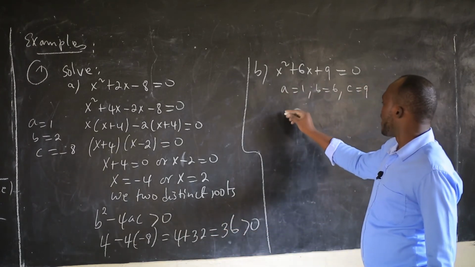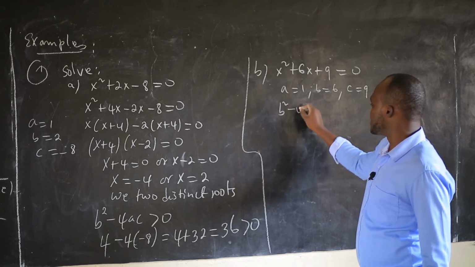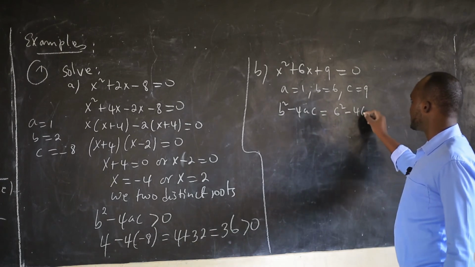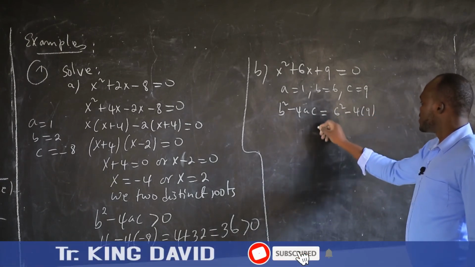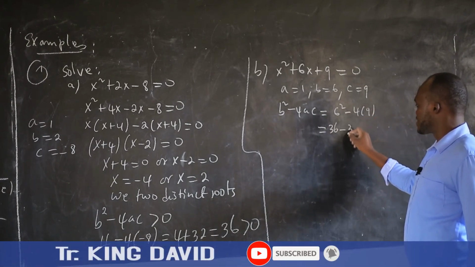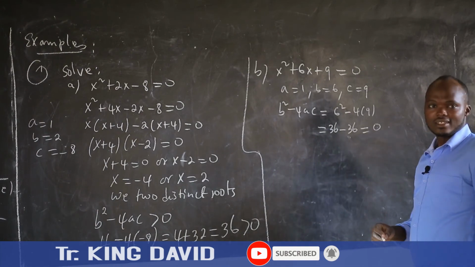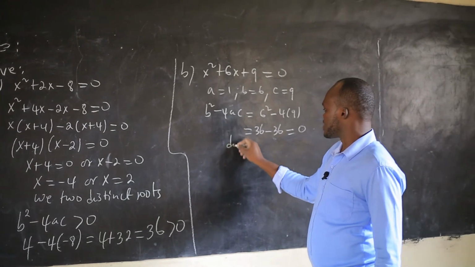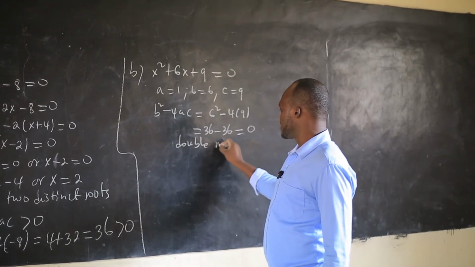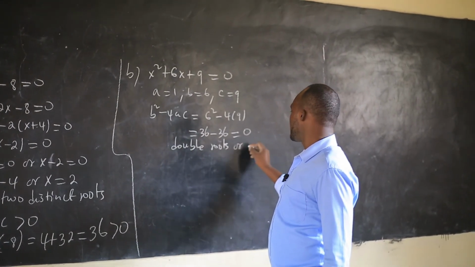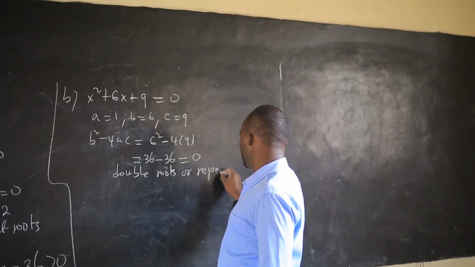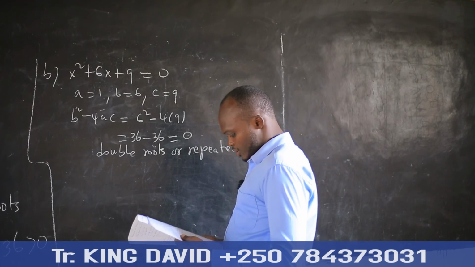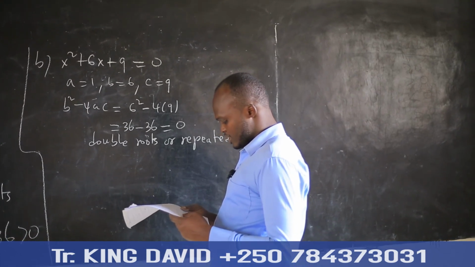So now here, our b squared minus 4ac equal to 6 squared minus 4 into bracket a is 1, then 9. So this is 36 minus 36 equal to 0. Since that is equal to 0, we are going to get double roots, or repeated roots.